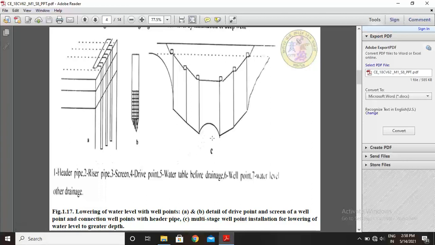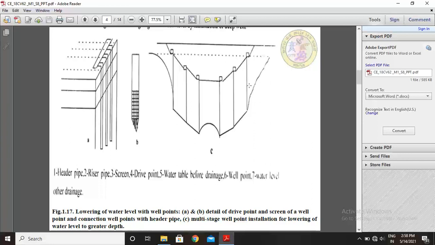And this figure C is the multi-stage well point system. So this is the multi-stage well point system installation for lowering of water levels to great depth. Based on these diagrams, explanations are given here.